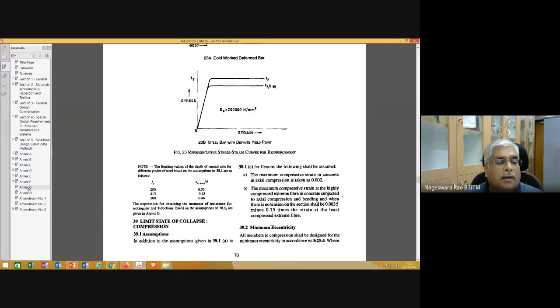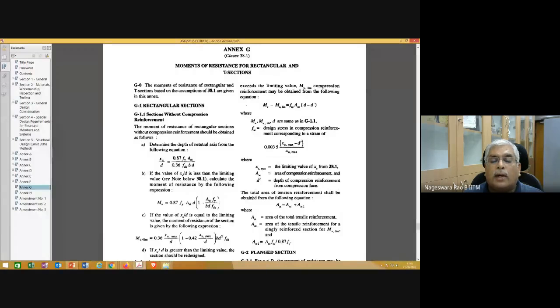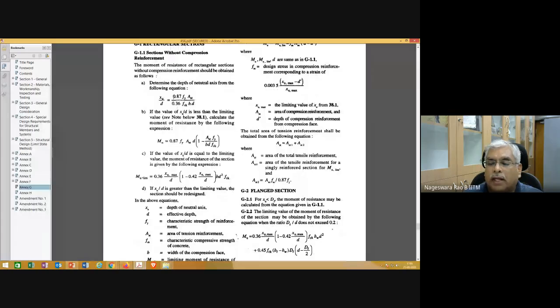Now once you have this, for a given section you know the geometric dimensions B and D and the area of steel. You find this ratio and compare with that limiting or maximum value. If the value of XU divided by D is less than the limiting value, then it is under reinforced.